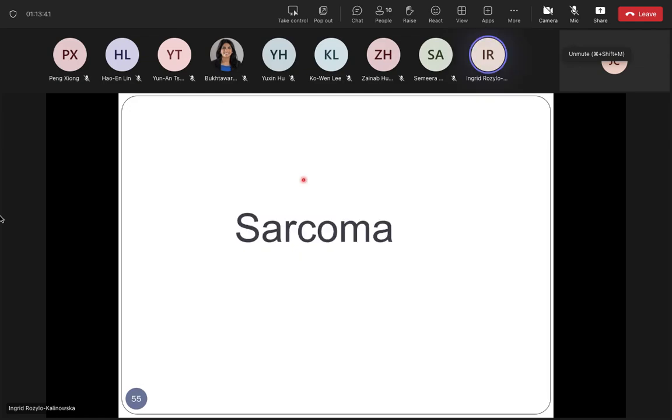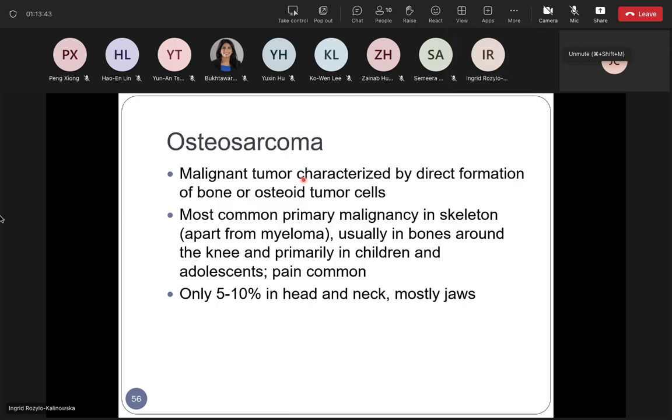All right, so the next tumor from the malignancies is osteosarcoma, and this tumor directly produces abnormal bone or osteoid tumor cells, and it's usually in the exoskeleton, but 5 to 10% of these lesions may be found also in the head and neck, mostly in the jaw.